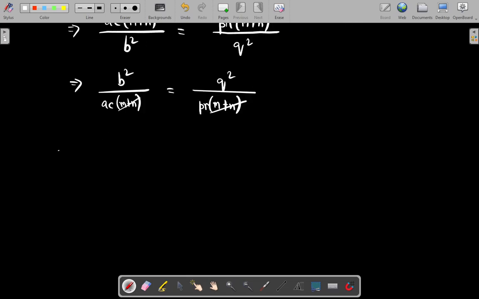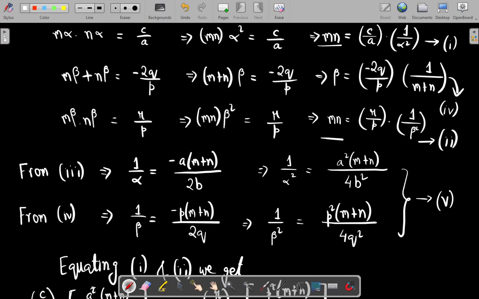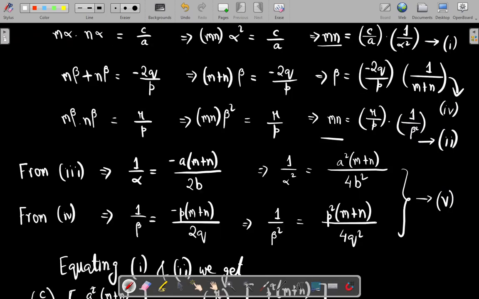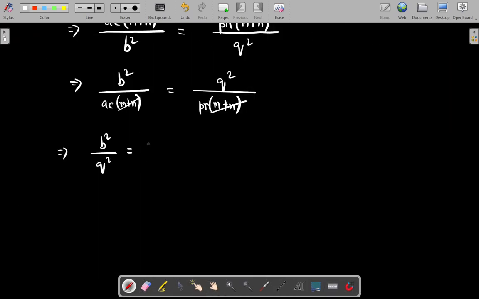Now let me cross multiply these terms. So b square upon q square will be equal to ac upon pr. But I can write that as separate terms as it is given in these brackets. Let me isolate this first. ac upon pr can be written as a upon p times c upon r.